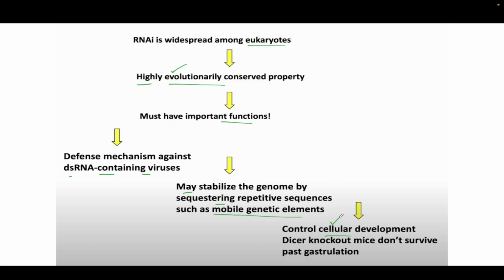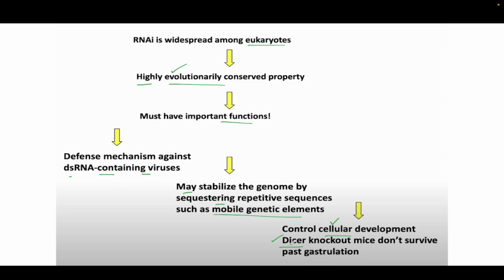That means we are talking about non-coding RNA, and how it functions inside a mammal cell or eukaryotic organism. So it helps in cellular development. Dicer is one RNase enzyme.